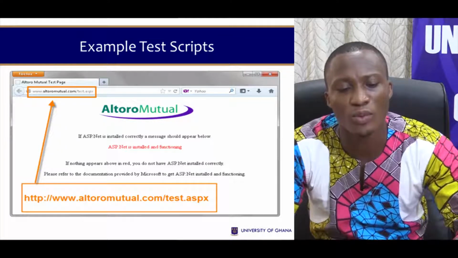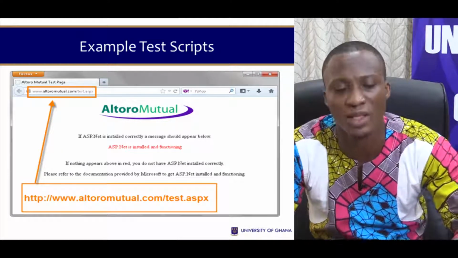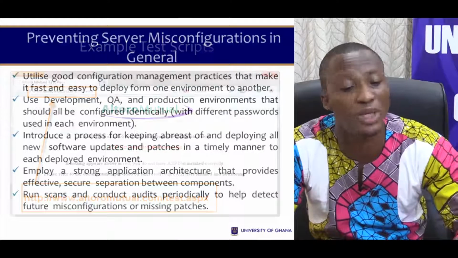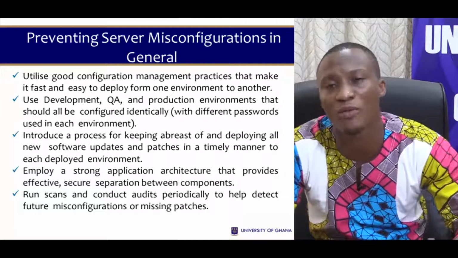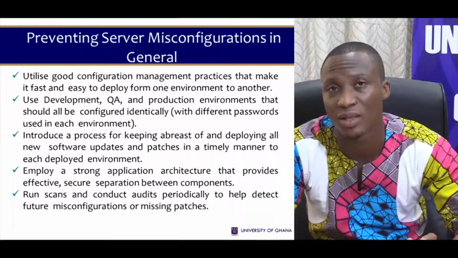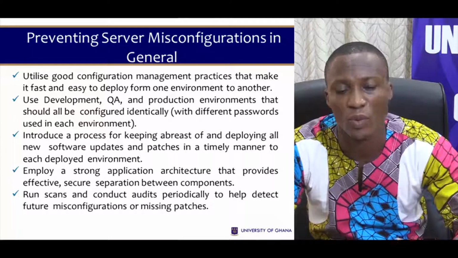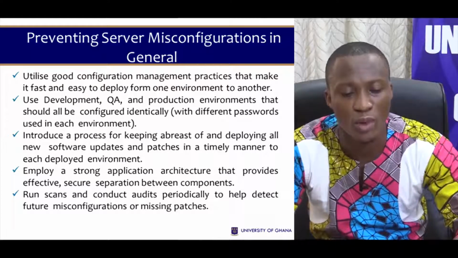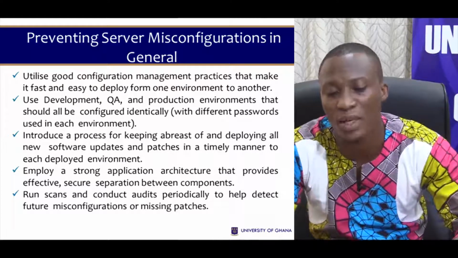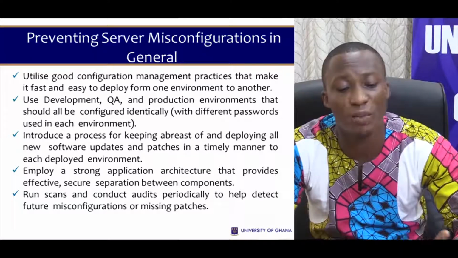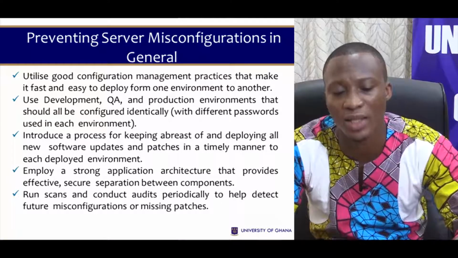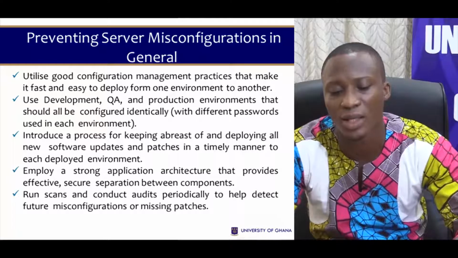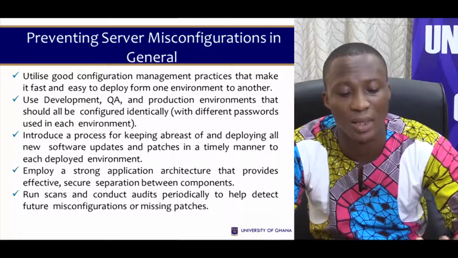So now we can try to prevent server misconfiguration in general. One thing we can look at is to utilize good configuration management practices, which is key, and which all management should be able to do. We need to introduce a process for keeping abreast of and deploying all new software. So if software needs an update or a patch update, that should be done in a timely manner.